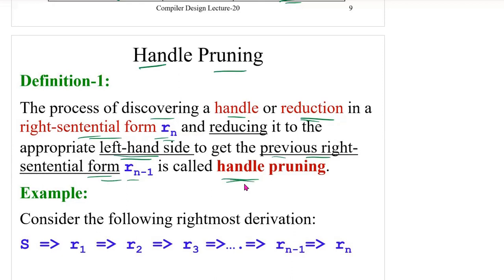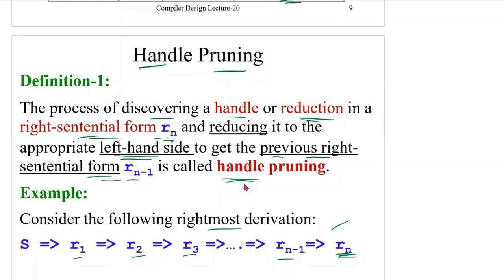For example, consider the following rightmost derivation. S derives R1, derives R2, derives R3, and so on, derives Rn minus 1, derives Rn. In the right sentential form Rn, we reduce it to the appropriate left-hand side to get the previous right sentential form.